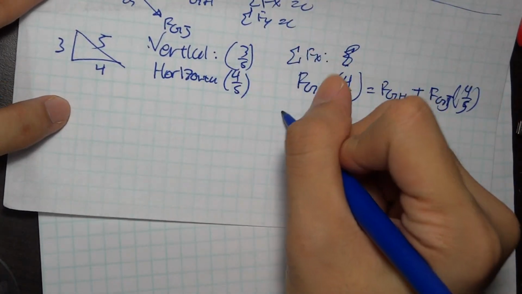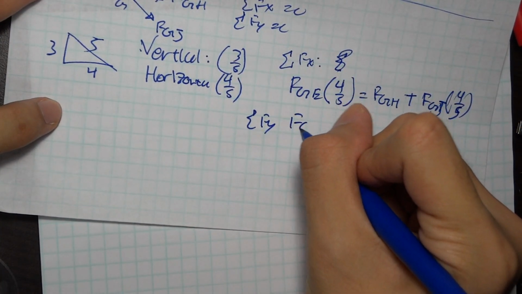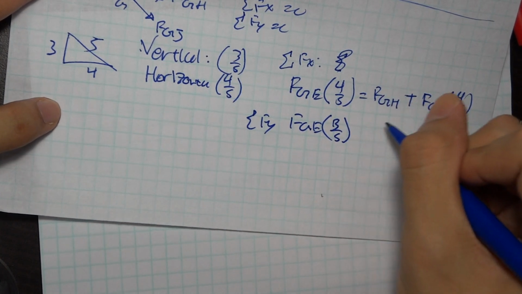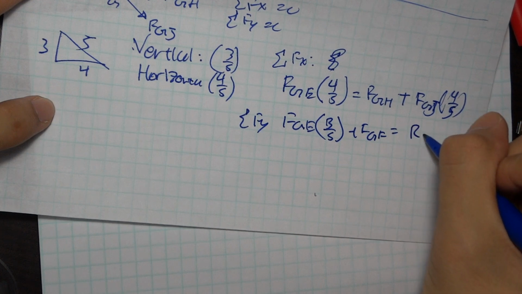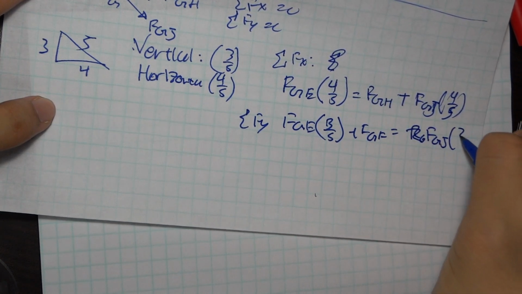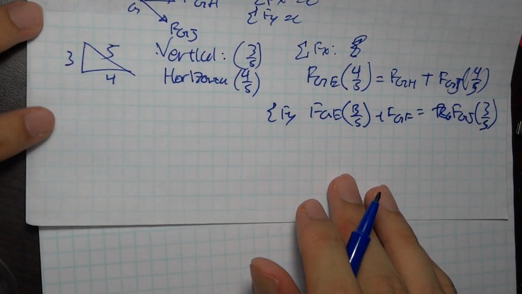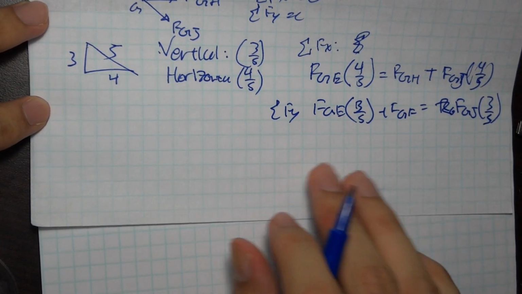Our sum of Fy equation is FGE times 3/5 plus FGF equals FGJ times 3/5. That is your method of joints. And you do this for every single joint.